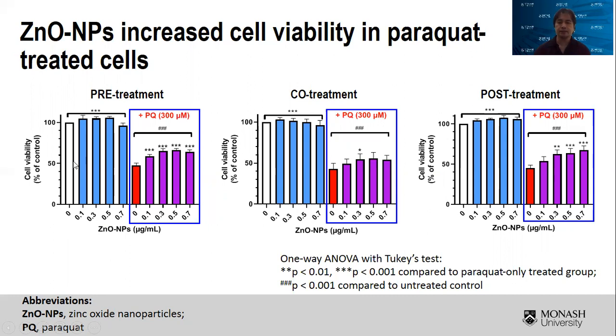However, the cell viability was significantly higher by about 10 to 20% for all paraquat groups treated with zinc oxide nanoparticles. A similar trend was also seen in co-treatment and post-treatment conditions.